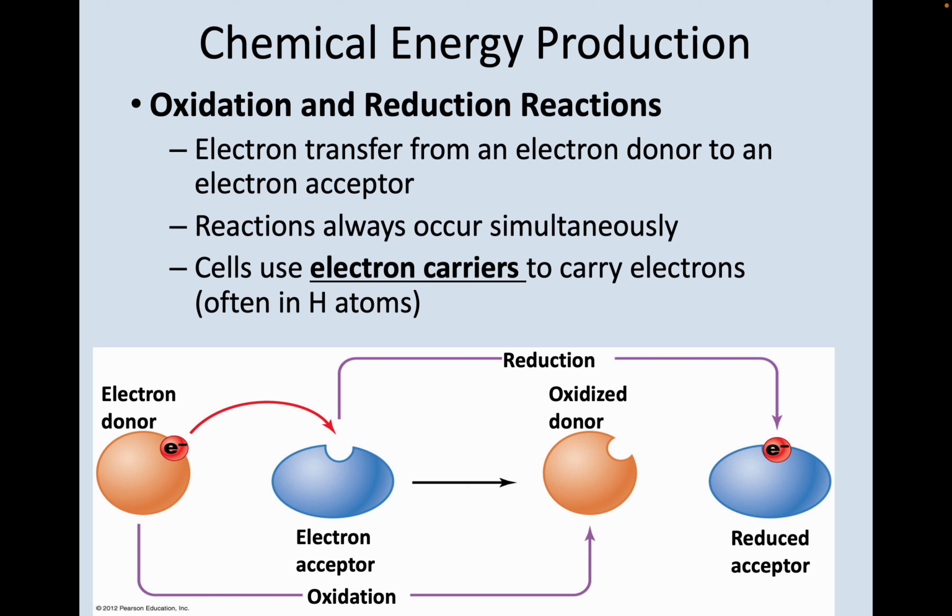Good. Oxidation is loss, oil. So the electron donor is losing an electron, so it's oxidizing. And while it's oxidizing, there has to be something else that's being reduced, right? So the electron acceptor is gaining an electron, so it's being reduced. Reduction is gaining electrons. Oil rig.